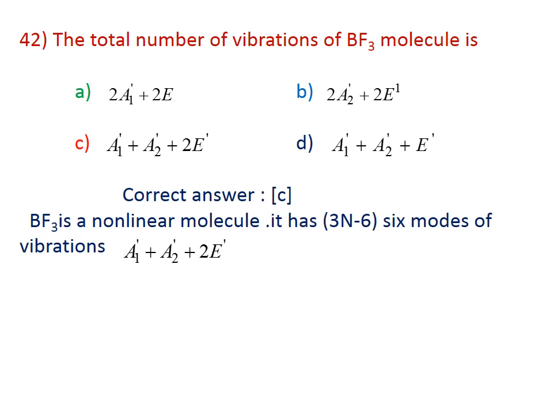From the total, you subtract rotational and translational modes, and you will get the total number of vibrational modes. BF3 is a nonlinear molecule and it has 3n minus 6 modes of vibration. Therefore, you will get A1 dash plus A2 dash plus 2E dash. The correct answer for the question is C.